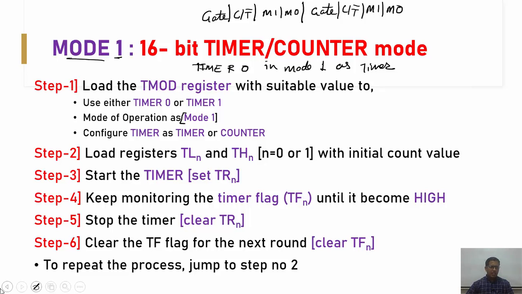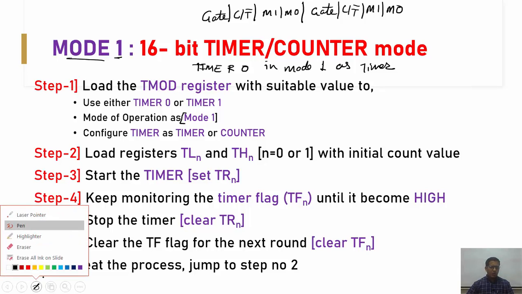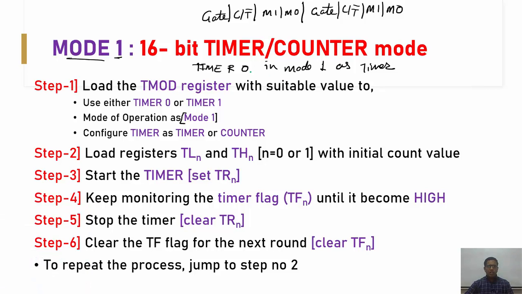As we just considered, we have to use timer 0 for operation, and for that purpose the upper 4 bits which are associated with timer 1 I am going to keep as 0. Now the gate bit we are not going to use. The timer is supposed to be used as a timer, so the status of C/T bar is 0, and for mode 1 the M1 and M0 status is 0 1.